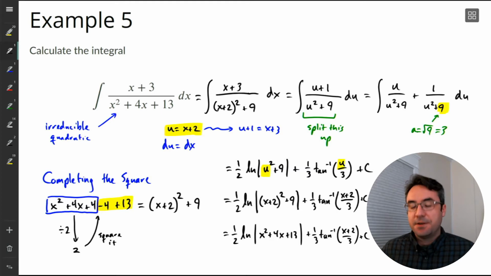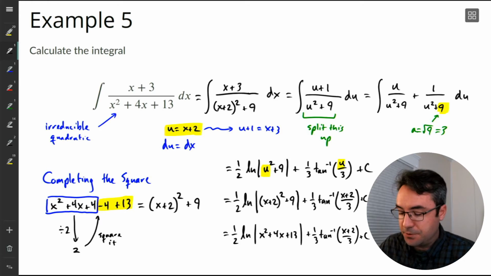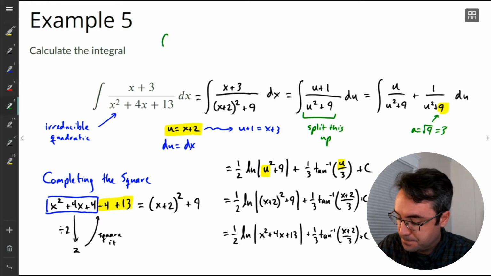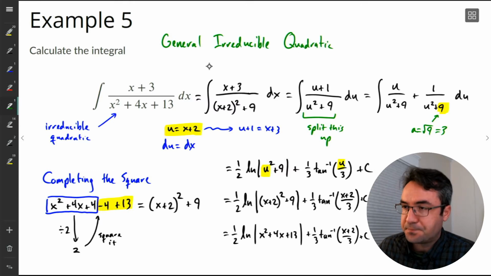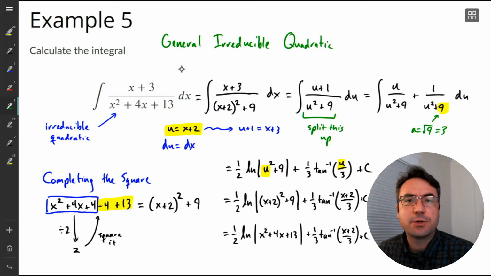So this example really illustrates what happens when we have a more general irreducible quadratic. So this was just a kind of a special case that we had to consider.